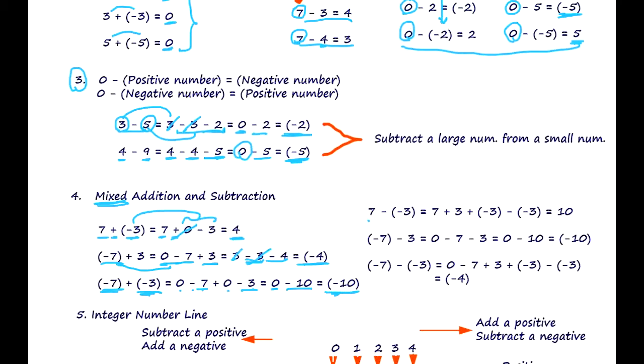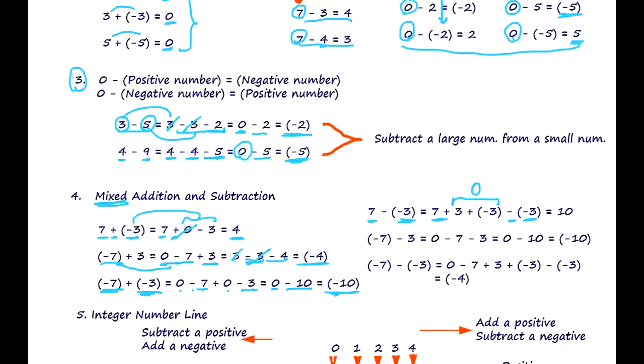Now, 7 minus negative 3. How can you subtract a negative number? We use a little trick here. Remember, 3 plus negative 3 is 0, right? So we put that between 7 and minus negative 3.